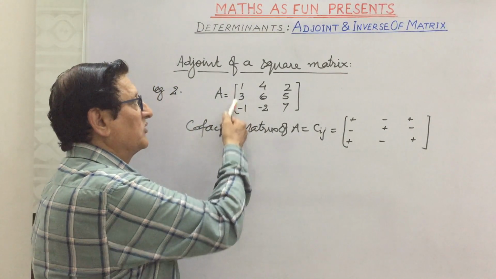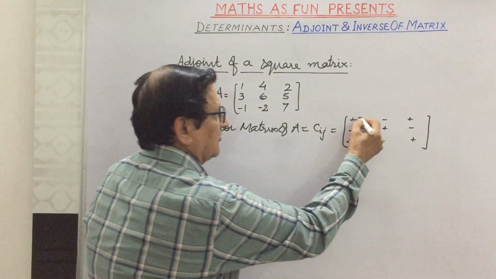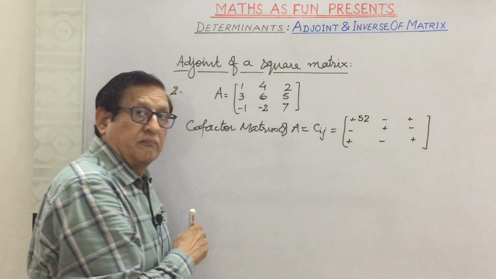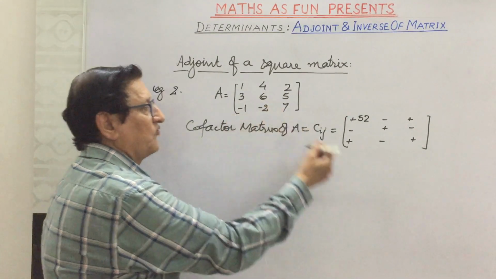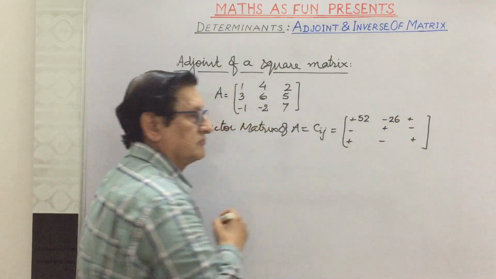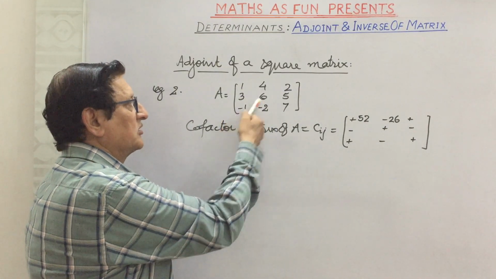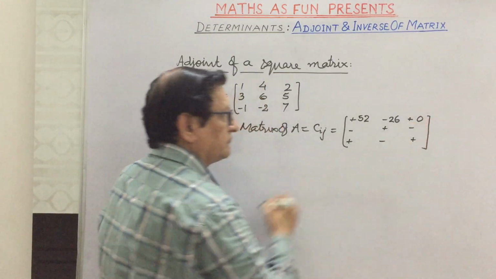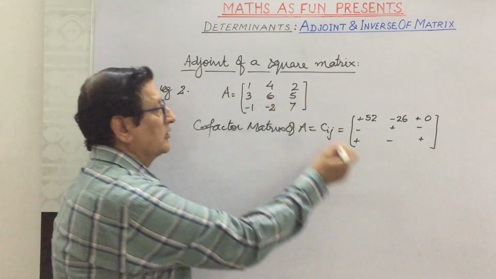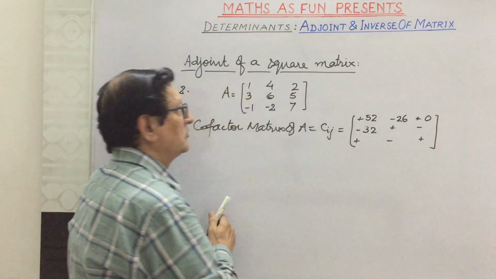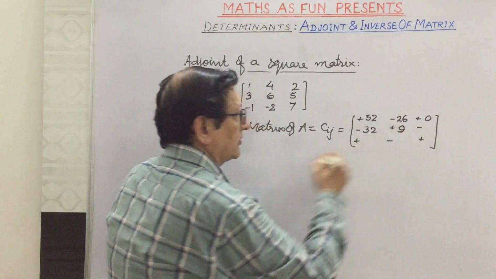For the element 1, this is 6 sevens are 42 plus 10. This will be 52. For the second element 4, this is 21 plus 5, that is 26. For the third element we have minus 6 plus 6, that is 0. For the first element of the second row, we have 28 plus 4, 32. Second element 6, we have 7 plus 2, 9.